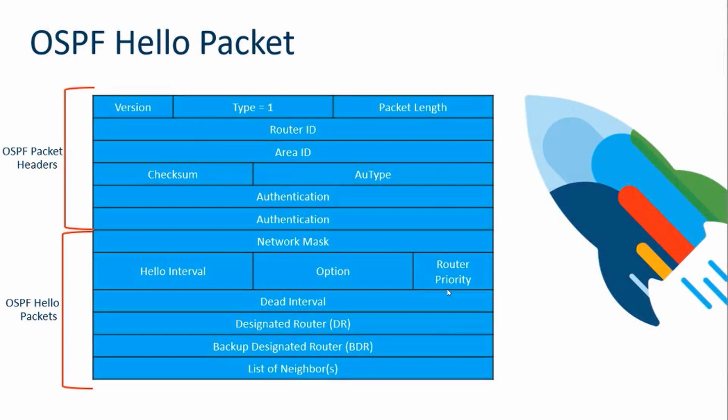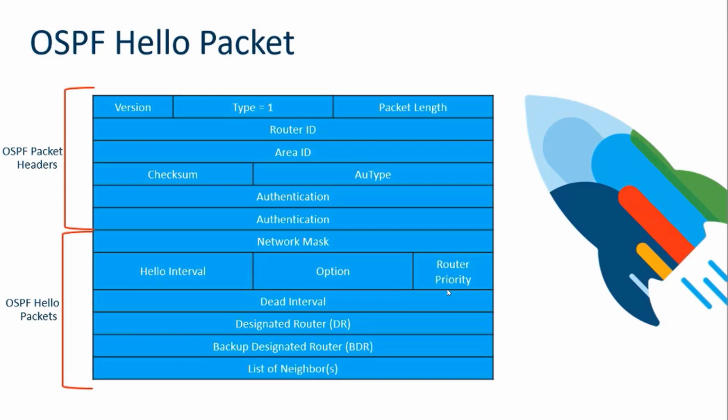So let's jump into an OSPF hello packet, and here we have it broken off into two sections. We've got the OSPF packet headers section itself and the OSPF hello packet section. Now, just a key reminder here, the hello packet is used to discover our OSPF neighbors and to literally maintain neighbor adjacencies. We've got a keep alive coming into play with this idea of a hello packet.